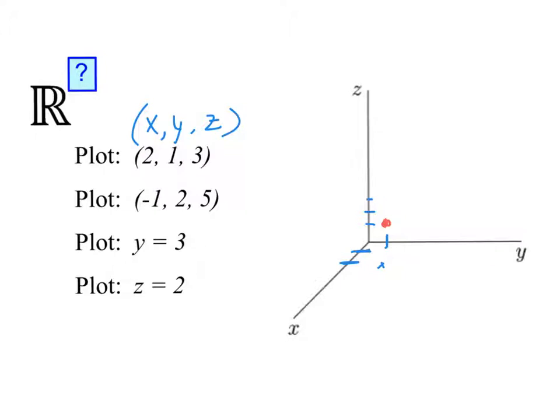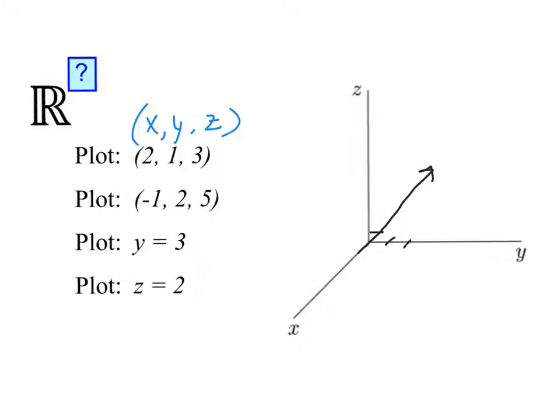Okay, so let me do another point. Okay, so let me do -1. So actually, I'm going to have to add a little more of an axis here. So -1, let me draw this back. So -1, we go back 1. Okay, 2, so it means we go out 2.